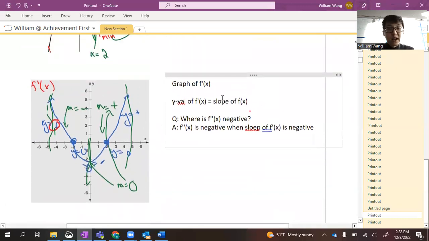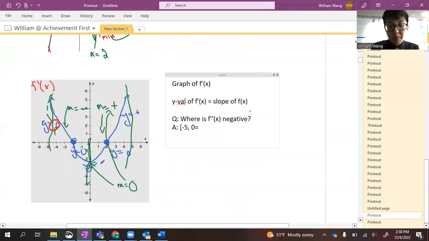So I can actually tell a lot of information. I can actually tell the slope of f prime of x is negative from, I'll say, -5 to 0, right? So my answer here is -5 to 0. Question then, where is f double prime of x positive?